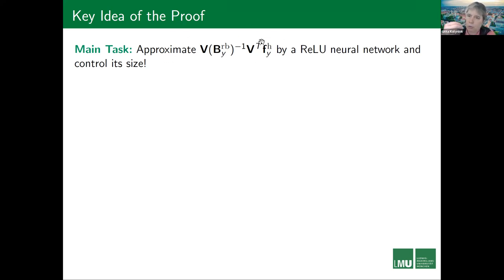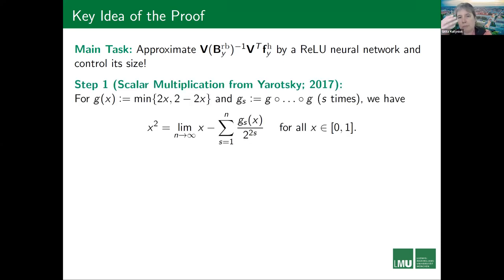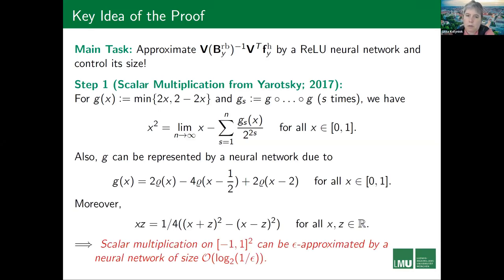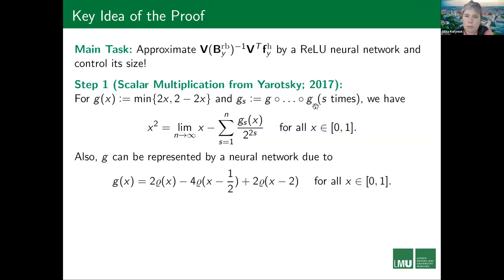And each time, certainly, you need to control the size, or the complexity. This follows ideas which we already discussed. Remember, we discussed this idea by Yarotsky, how you can approximate the square function by a neural network. This is exactly a recap of what we discussed there.